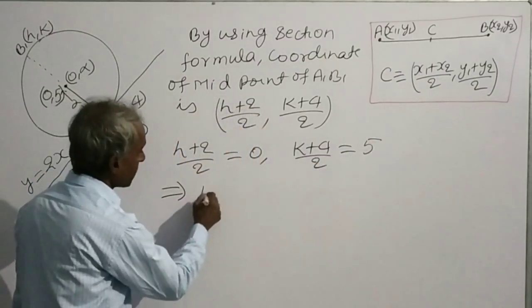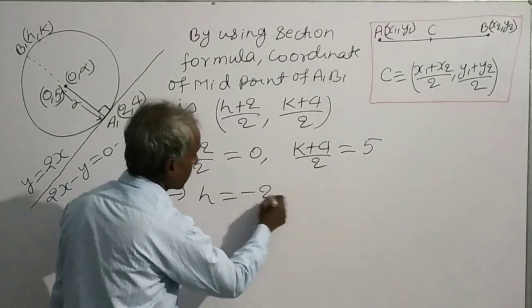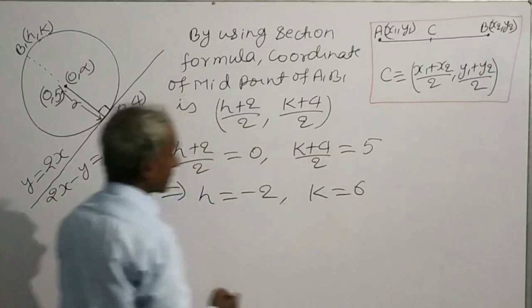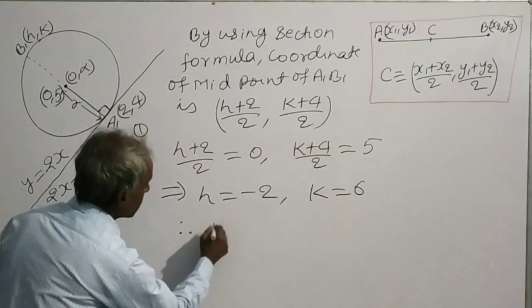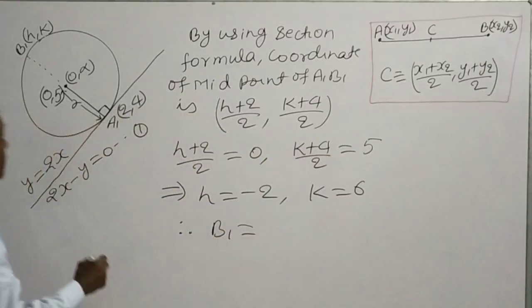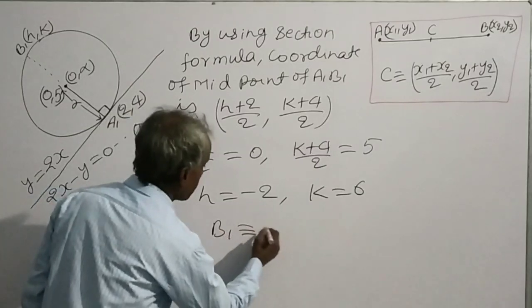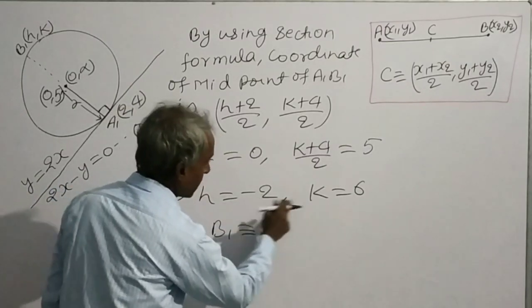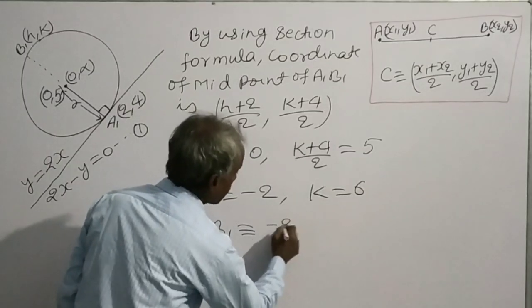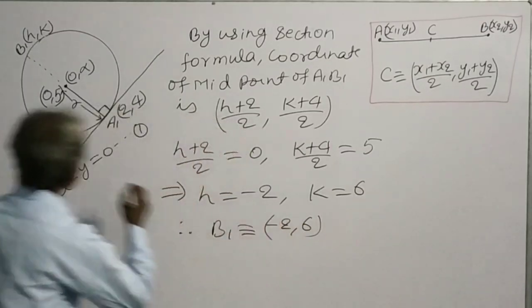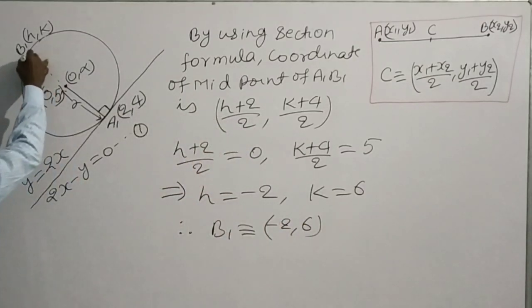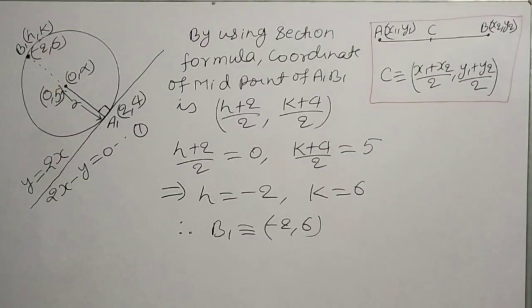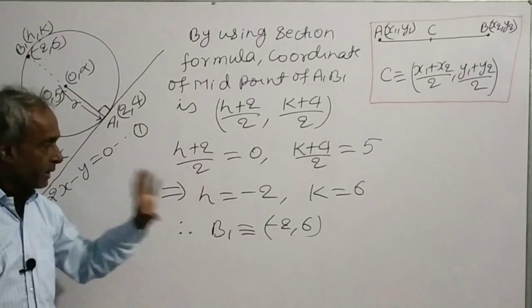This implies h is equal to -2 and k is equal to 6. Therefore, the coordinate of point B1 is (-2, 6). Now the solution is complete.